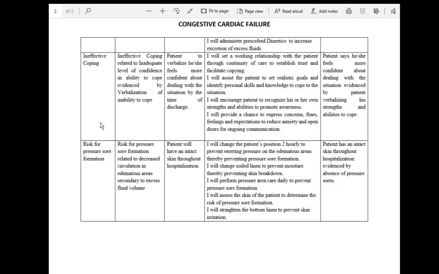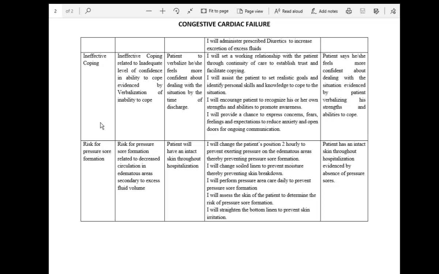When the person is going through a difficult situation, they lose the ability to be self-aware. They lose that knowledge to say, I have these strengths and these abilities so I can cope with this condition. So it's your duty to help this patient recognize that he or she has the strengths to beat this condition, to cope with the new situation.